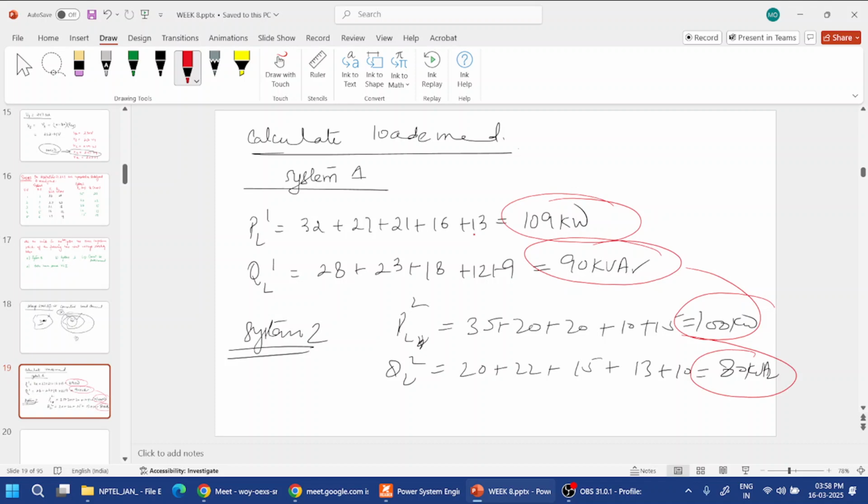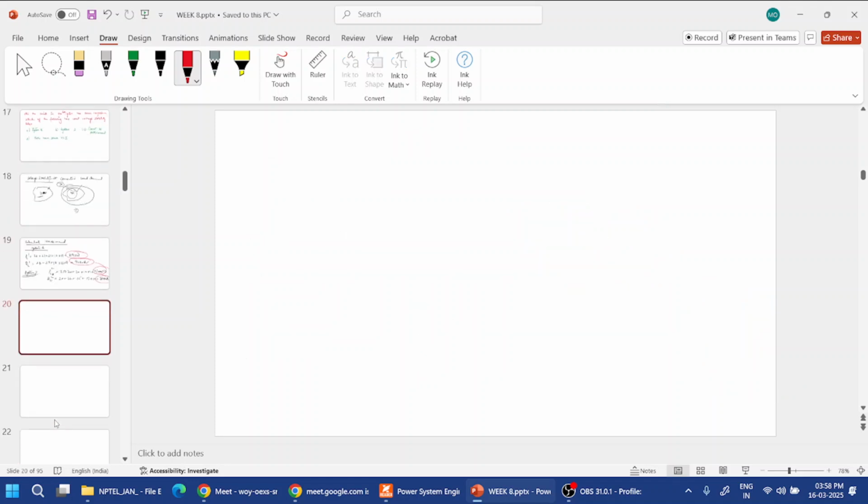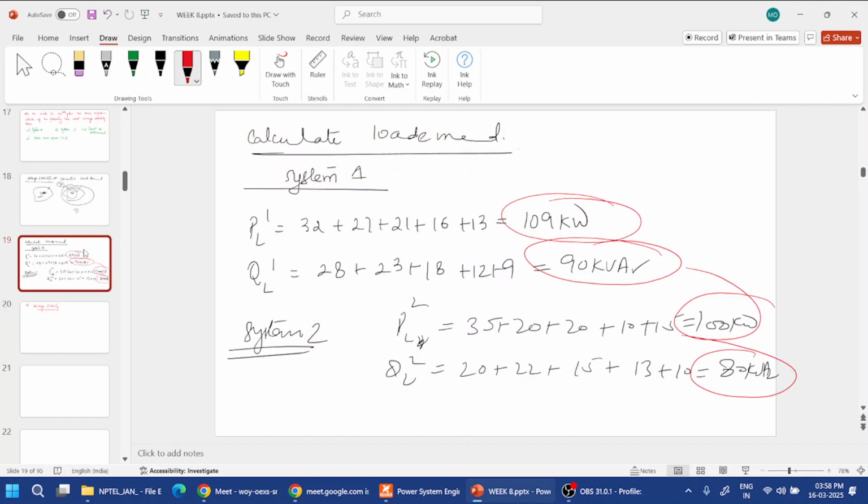So what happens here is that its voltage profile will be worse because the demand on system 1 is higher. So if voltage profile is worse, which shows that the voltage stability index is also worse. Why? Because if we add extra demand, let's say about 50 kilowatt and 50 kVAR, then this system 1 will have an even worse voltage profile.